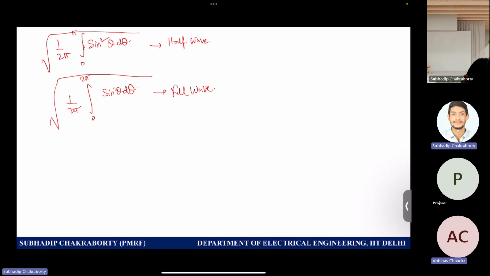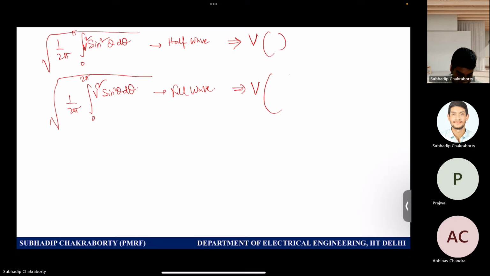Okay, sir. In either case, this will be v square. So if you take out, it will be v times some factor. So what factor? It will be integral of sine square theta d theta from 0 to pi, 1 by 2 pi whole root over. So what is that factor? I want to hear. So 1 by 2. Correct.